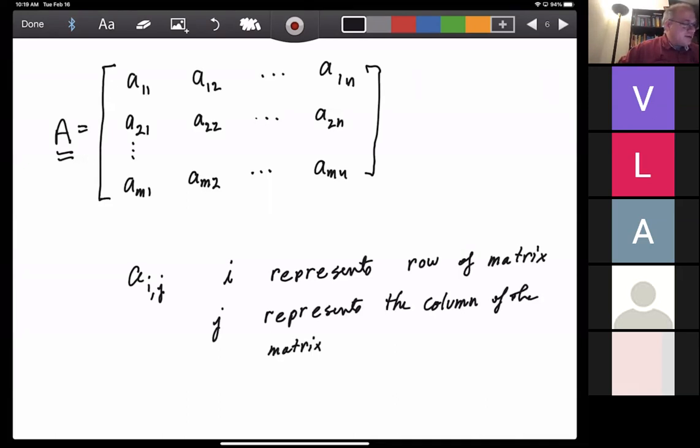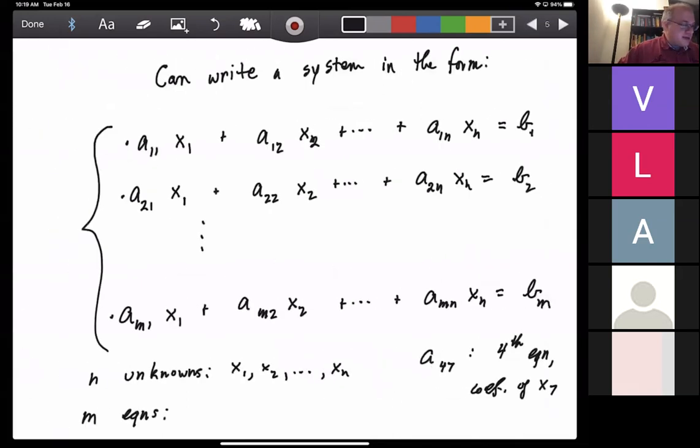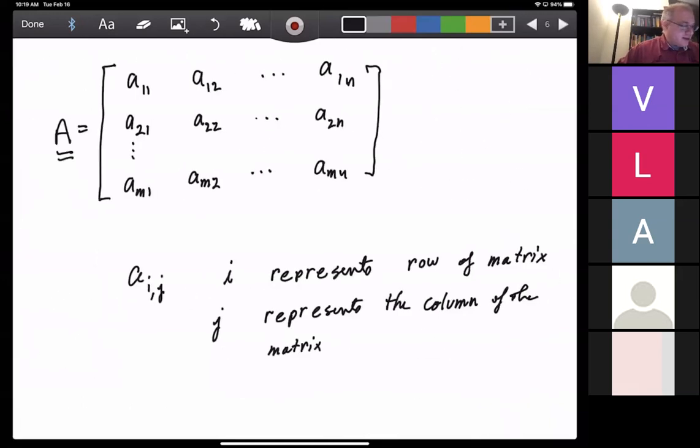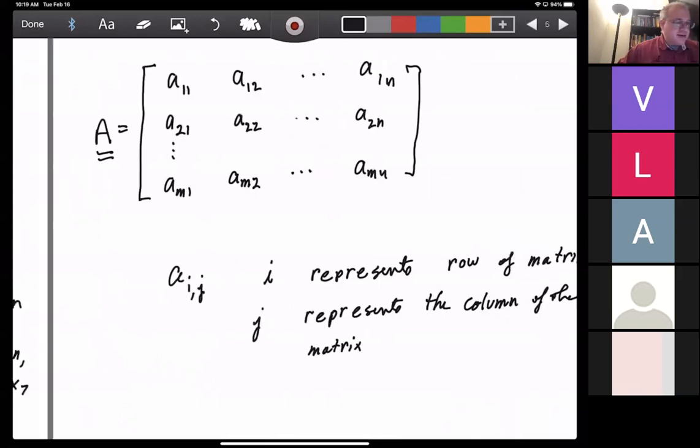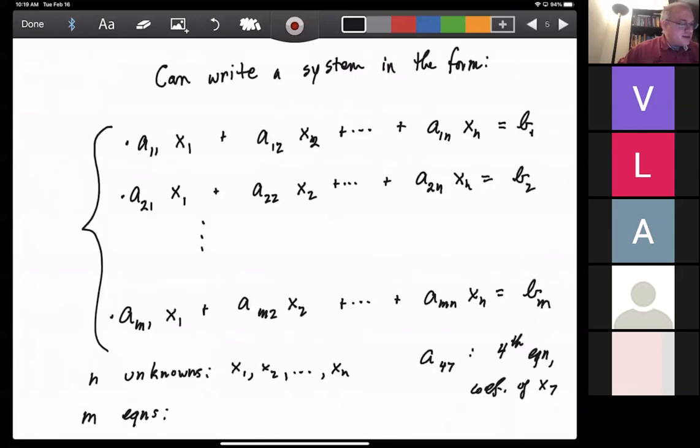And notice that the row looks like it goes along with our first equation, right? A sub 1 whatever, these are the coefficients in the first equation.